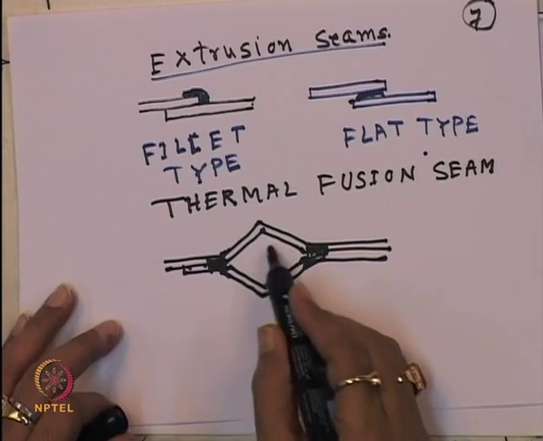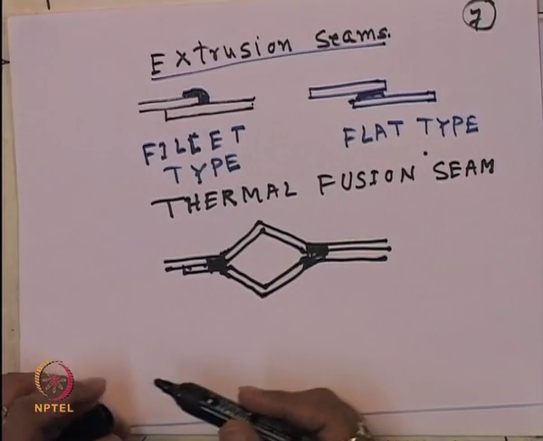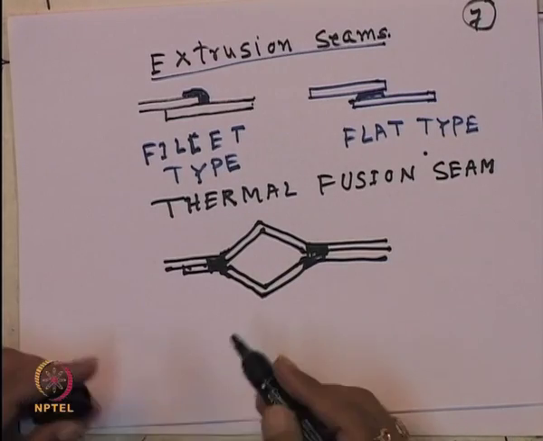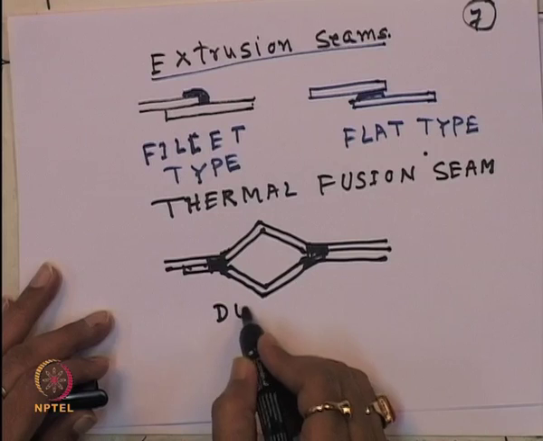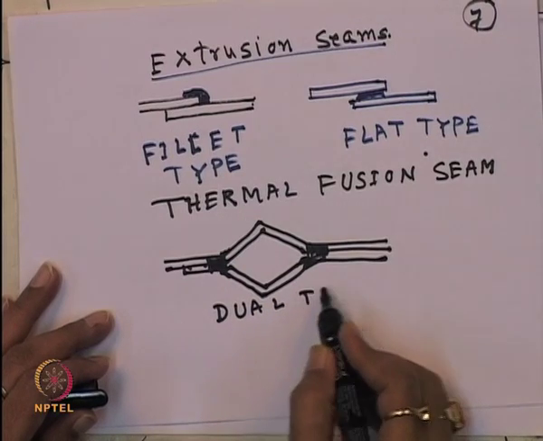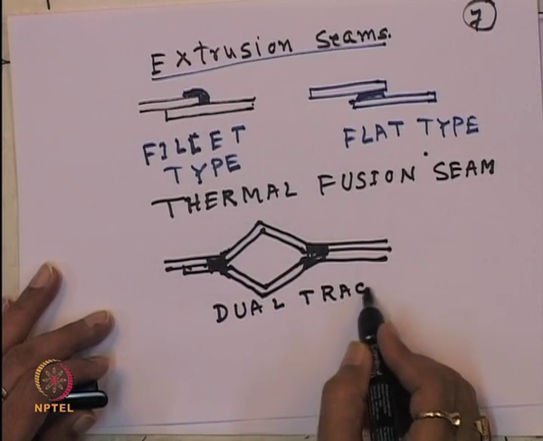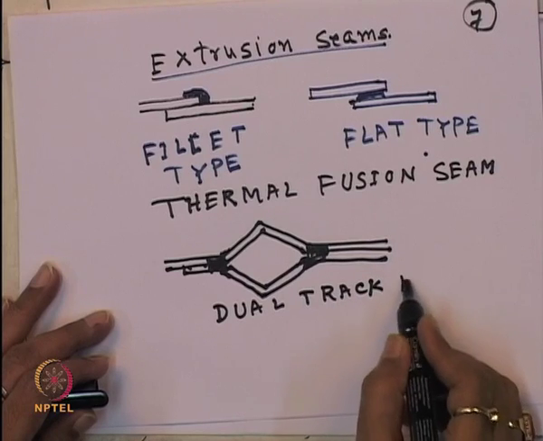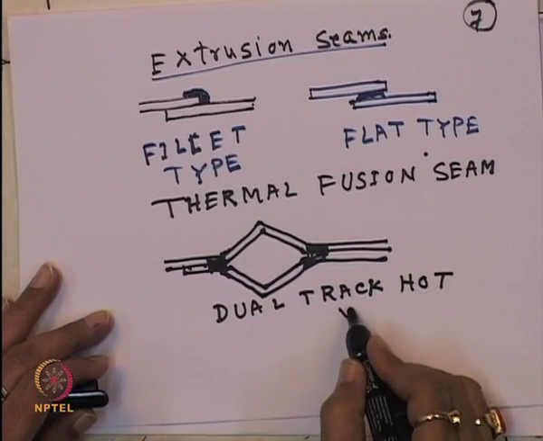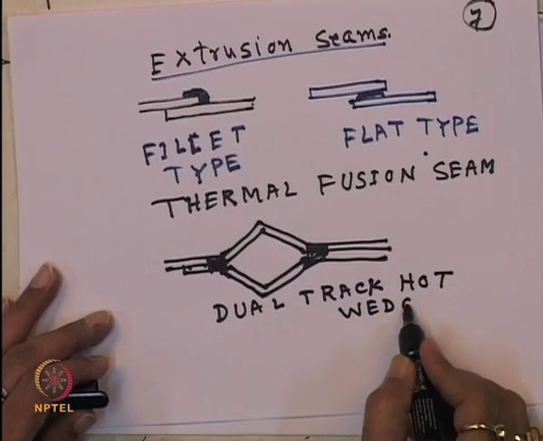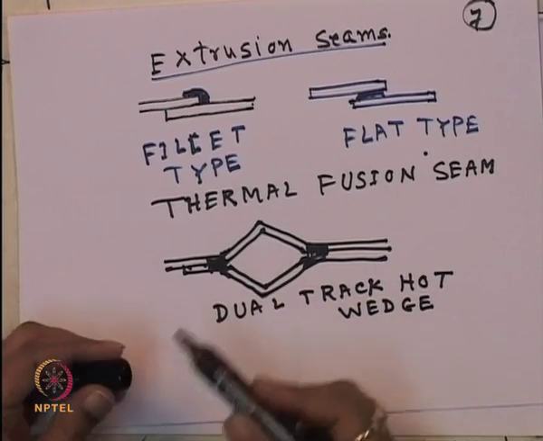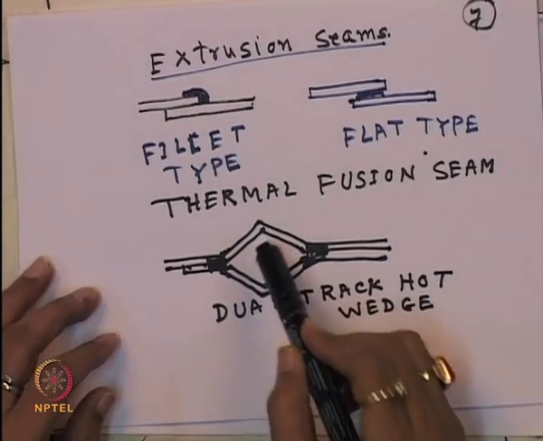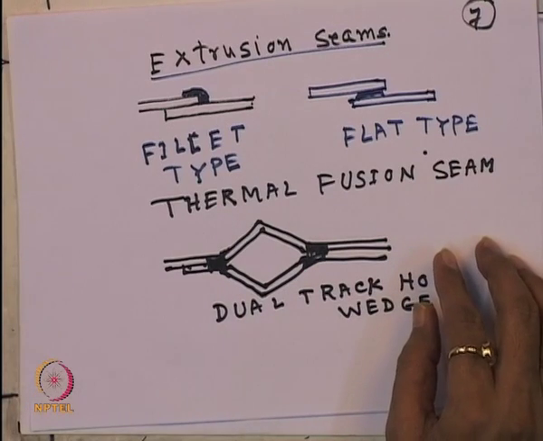You can see there is a hole between the two geomembranes. So, this is also called the dual track hot wedge. So, there is a gap. So, there will not be development of pressure.